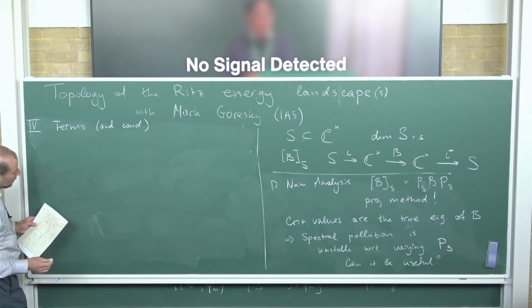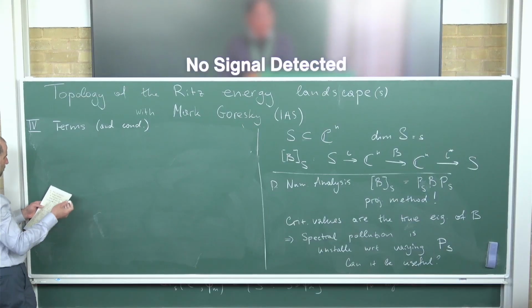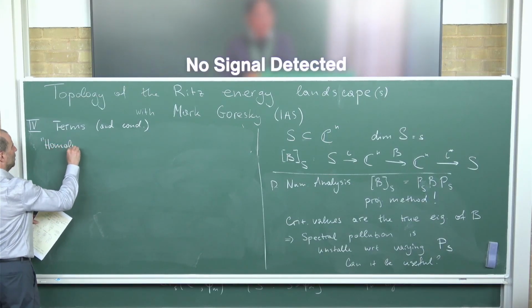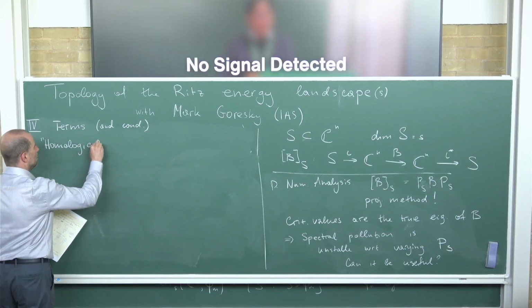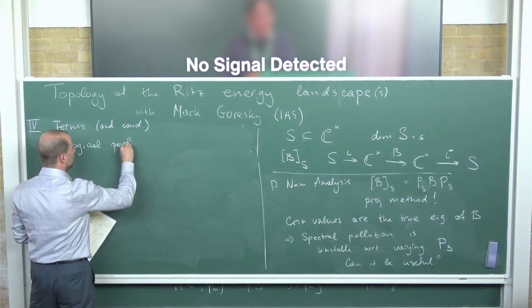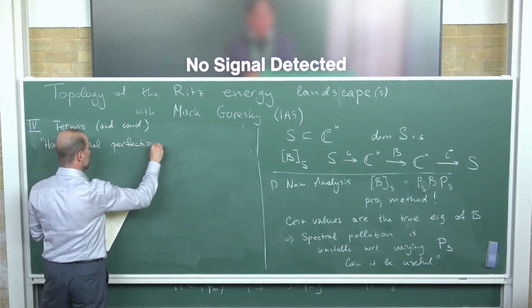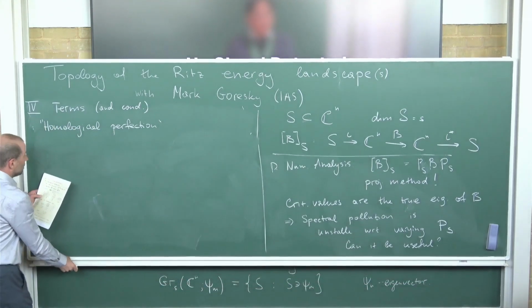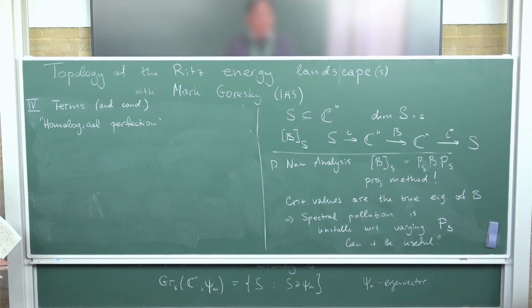So the perfection I'm talking about is homological perfection. And there is also the classically perfect Morse function.